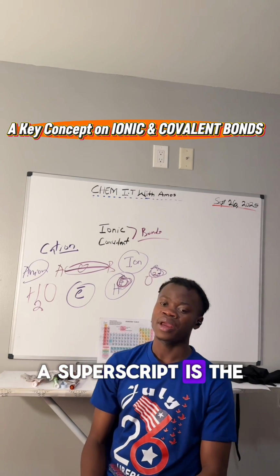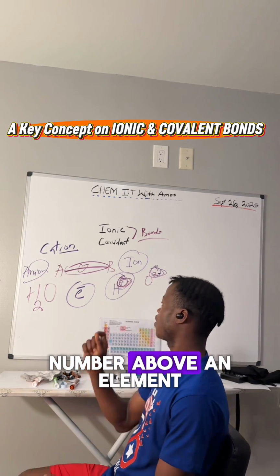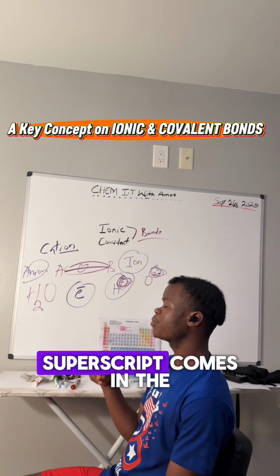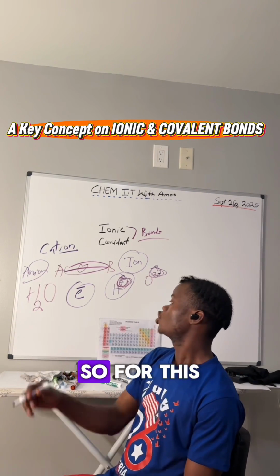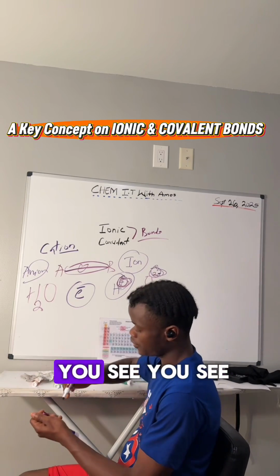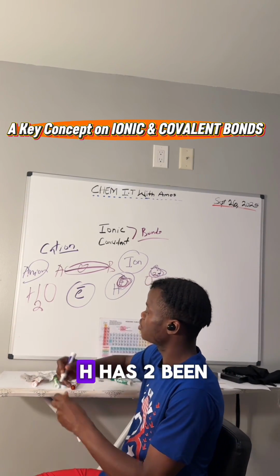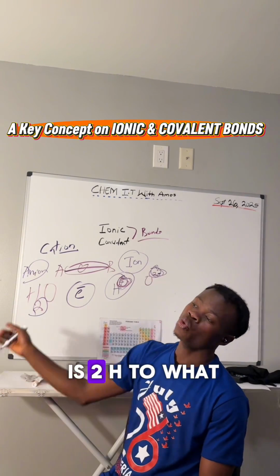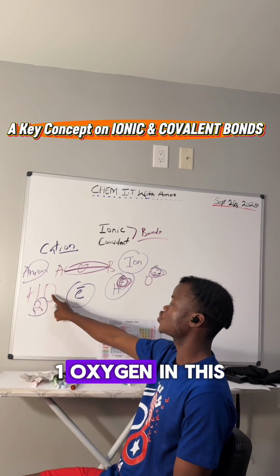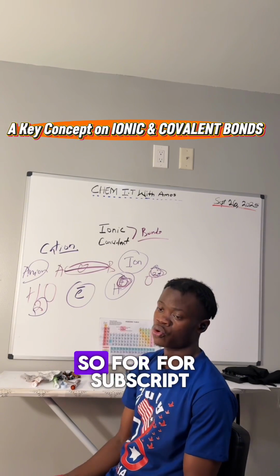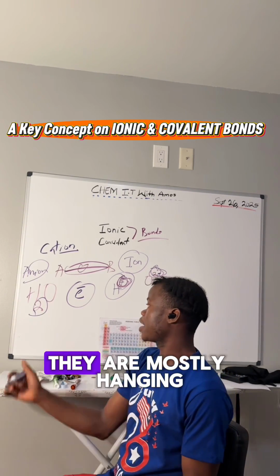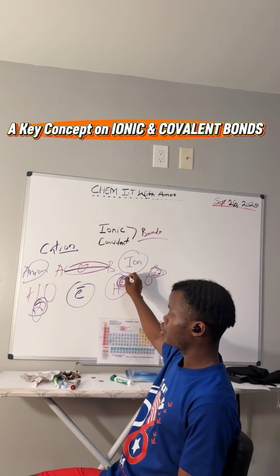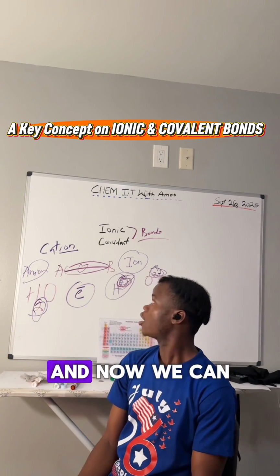A superscript is the number above an element or a compound, and most superscripts come in front of an ion. For H2O, the 2 tells you there are 2 hydrogens to 1 oxygen in this compound. Subscripts are hanging down, and superscripts are up. I hope you have understood that.